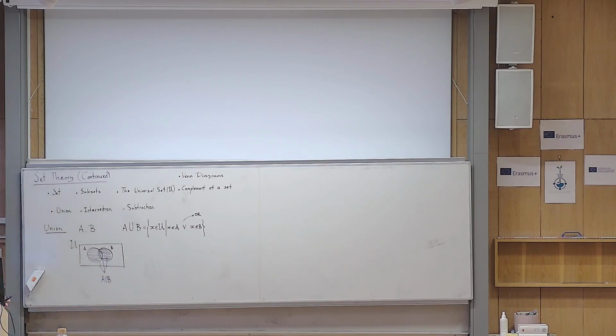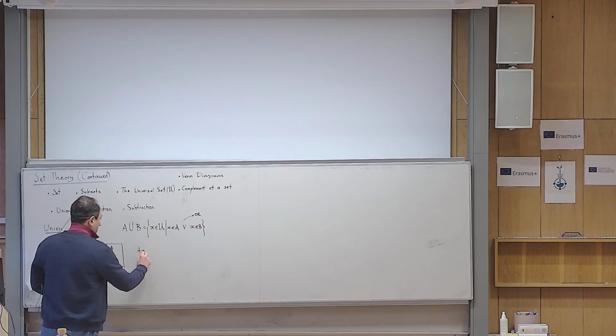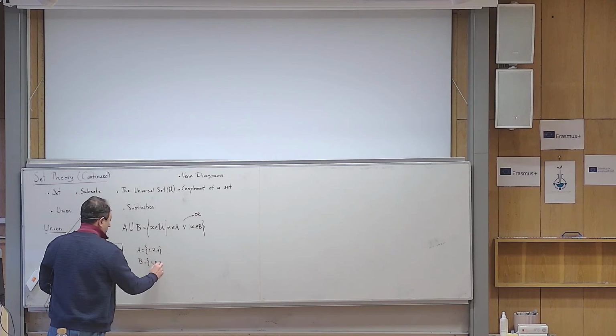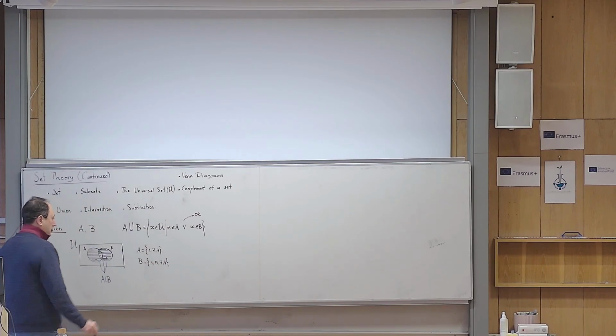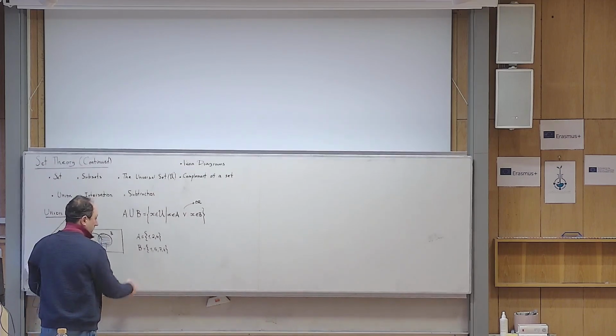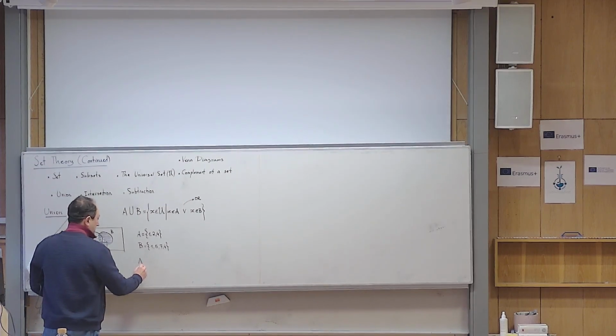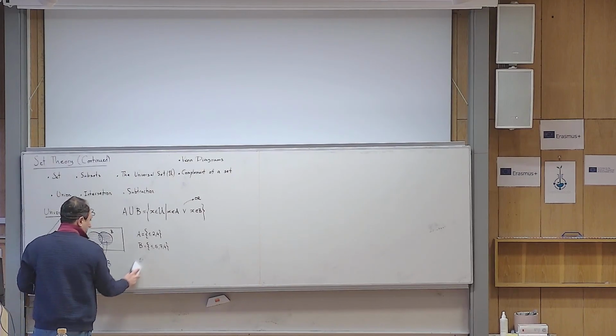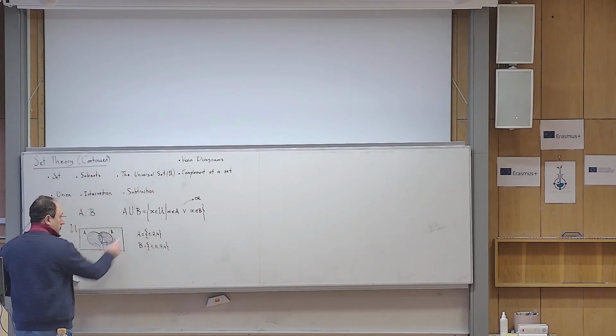As a simple example, if I give you A to be 1, 2, and 4, and B to be 1, 5, 7, and 4, and I ask you to union them, it means write all elements which are in at least one of them.